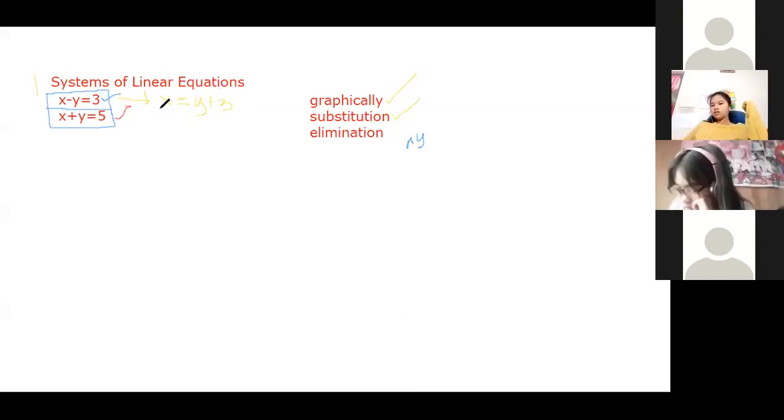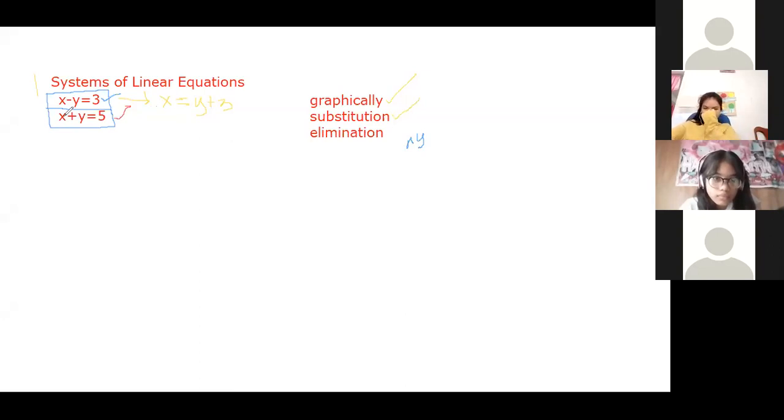So, this is what I call express the equation to x. Kasi si x na lang talaga naiwan sa left side. And then after that, itong value ni x, which is y plus 3, you will substitute it to x in the second equation. That's why we call it substitution.